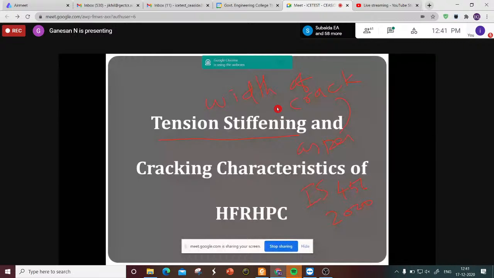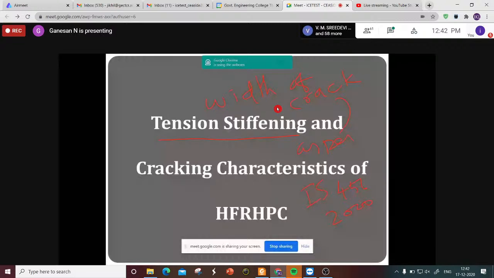When you apply a flexural type of loading, cracks are imminent. Nobody can prevent the formation of cracks. When you apply load, after a certain stage, a crack will form. And what happens in between the cracks? The concrete has the ability to carry tension, which provides additional stiffness for a reinforced concrete member in tension.